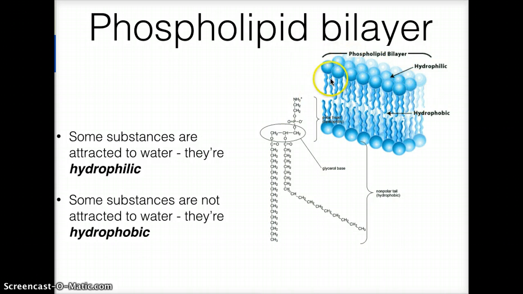This is one layer of lipid, and that's another layer of lipid. In this phospholipid bilayer, we have the phosphate heads. They are hydrophilic, which means that they like water. Then we have the hydrocarbon tails. They're hydrophobic, so they repel water.